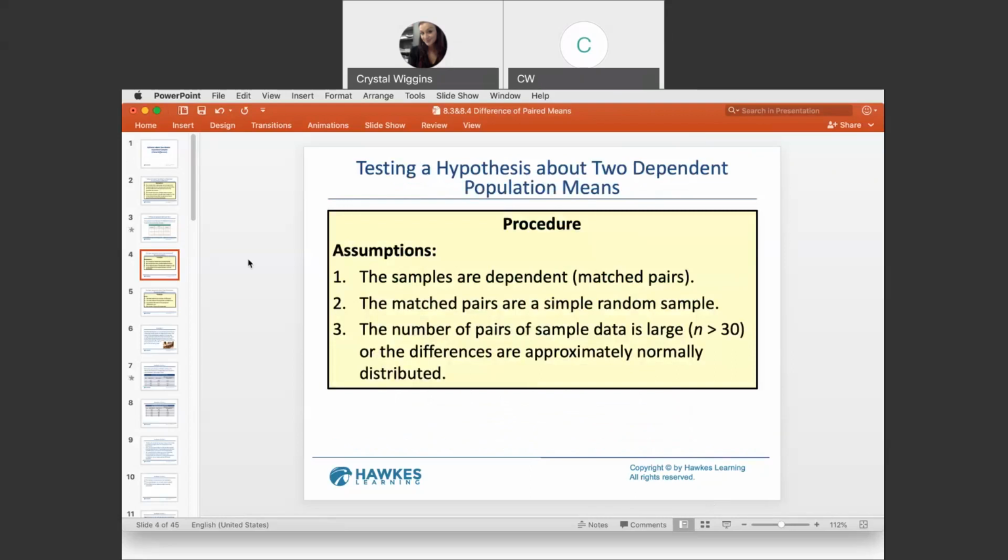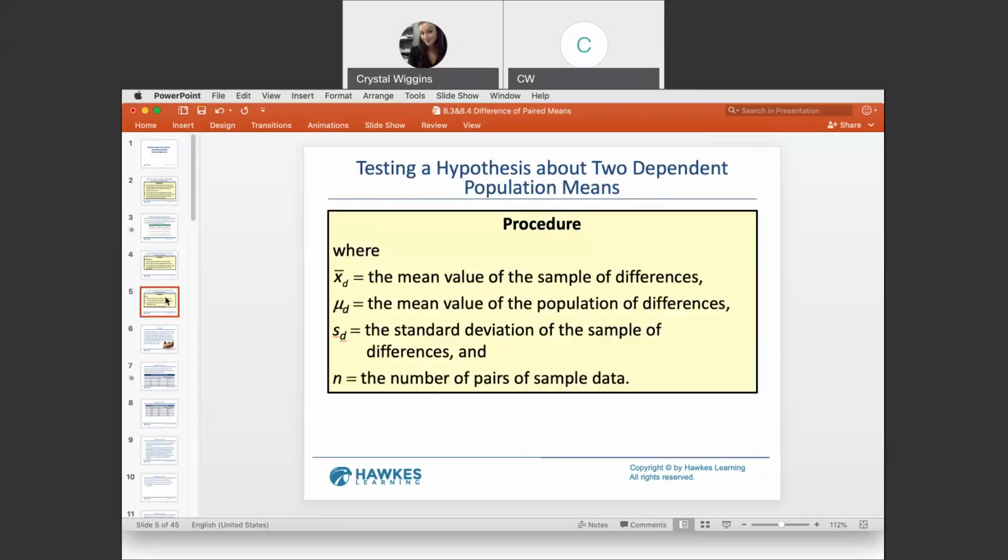And then we need to identify the mean difference, x bar d, of the samples, mu sub d, which is the population difference, s sub d, which is the standard deviation of the differences, and n being the number of pairs of sample data. Because this is paired, the sample sizes for the first sample and the second sample have to be the same, unlike the independent samples where it didn't matter if the first sample had 20 and the second sample had 35.